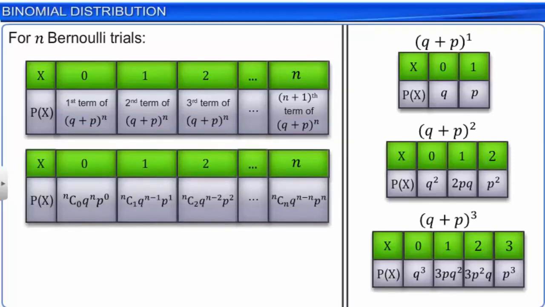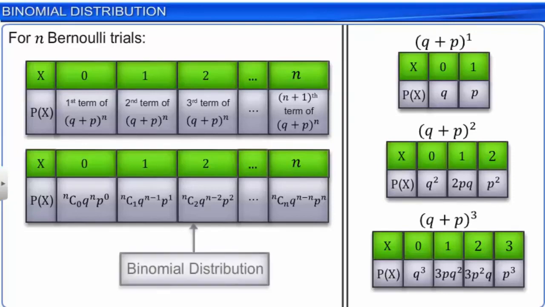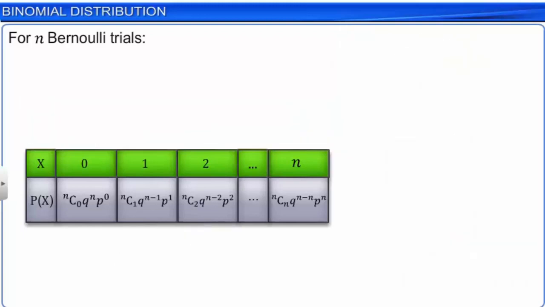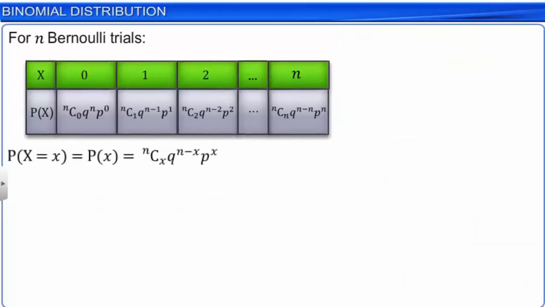Thus, the general formula for the probability of a given number of successes is given by the probability of X successes, or the probability that X can take the value x, is nCx into Q raised to the power n minus x into P raised to the power x. This is denoted by P of x.